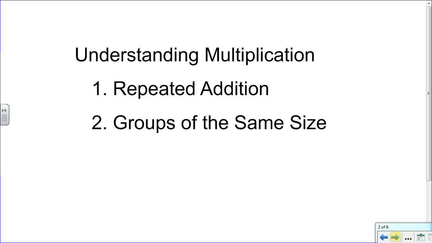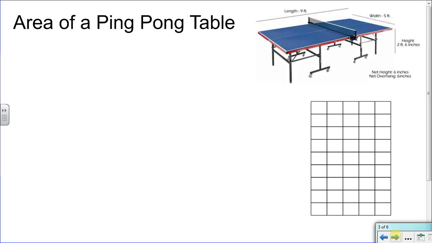But I also like to think of it as talking about groups of the same size, and I think that's helpful for understanding how and when to use multiplication. For example, if you have 3 baskets of 4 oranges each, you have 3 times 4, 12 oranges total. And that makes sense because you have groups of the same size. So we'll be using that definition a little bit as we go into our first problem.